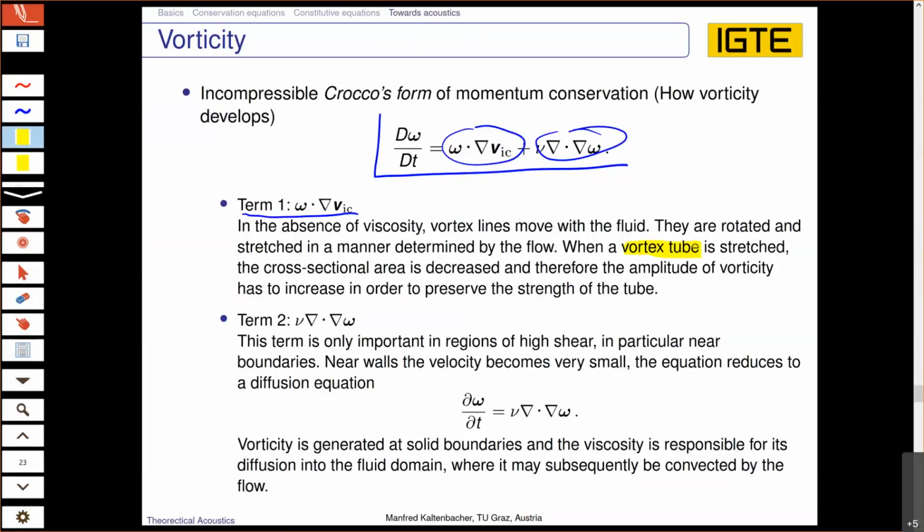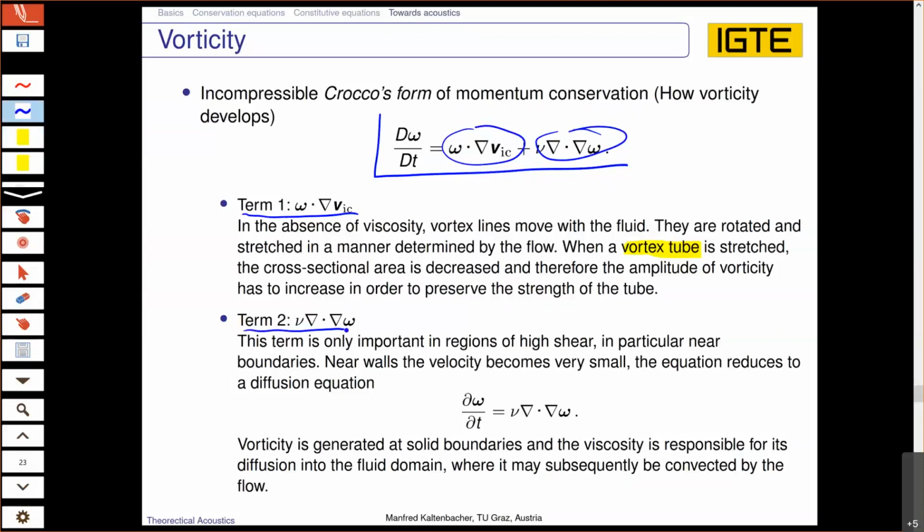And if this is stretched, so the cross-sectional area, for example, is decreased, then the vorticity has to increase because the cross-section decreases. So this is the interpretation of the first term. And the second term is extremely important where you have high shear.